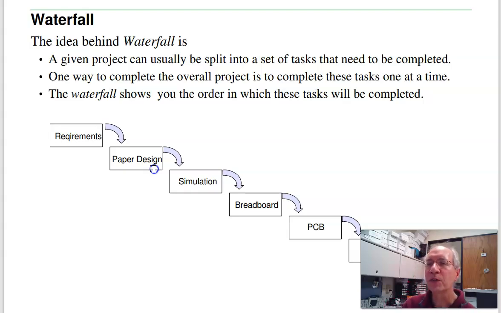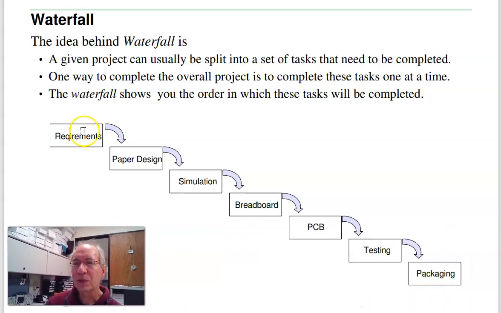The idea behind Waterfall is that many tasks can be split up into smaller tasks that are done sequentially. The Waterfall shows how you go from the first task to the second task to the third task. It kind of looks like a waterfall. I'm going to finish the work on the requirements. When those are done, I'll work on the paper design. When that's done, I work on the simulation, to simulate that my design is correct.